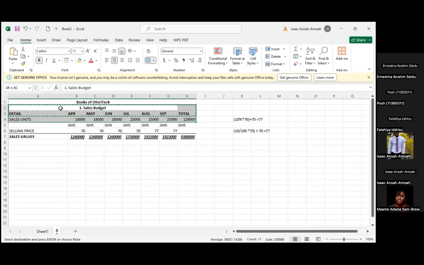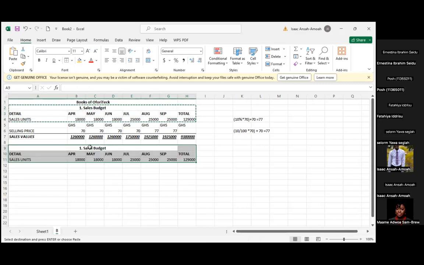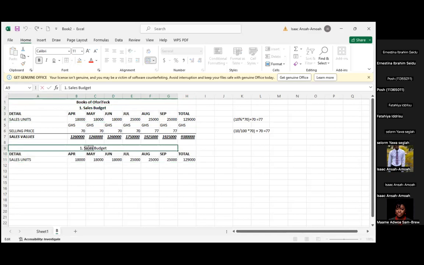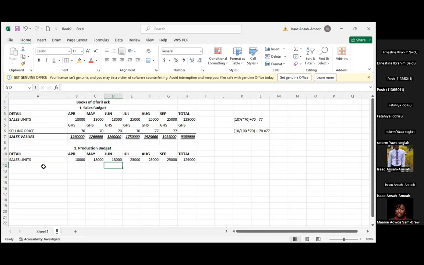For my production budget, I'm repeating the sales unit. What I need to compute is the ending stock. But ending stock is usually added to your sales unit. So add ending stock.